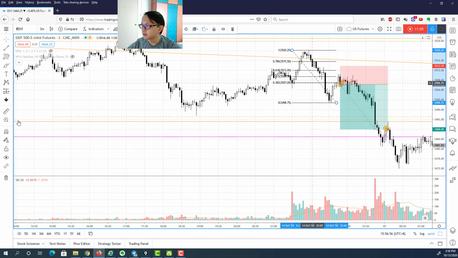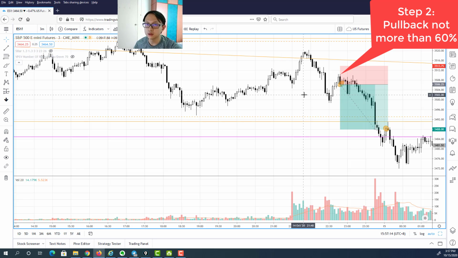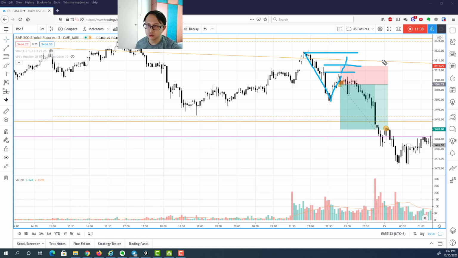I would like to see a pullback not exceed 61.8%, or you can just lump it as 60%, because if the pullback is too deep, like going back to 80% or even 90%, then I don't think it's valid anymore. It could just form another range. So the pullback should be not more than 50% or 60%. Somewhere around there is fine. If you go too far, to like 70% or 80%, then I'll just ignore that, because this could be another trading range itself.